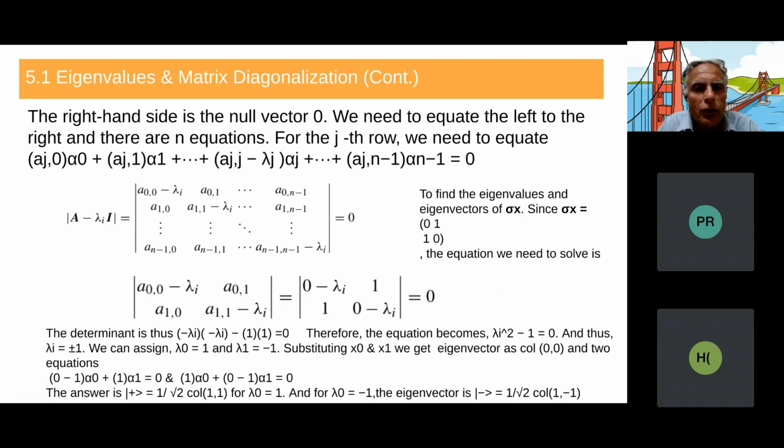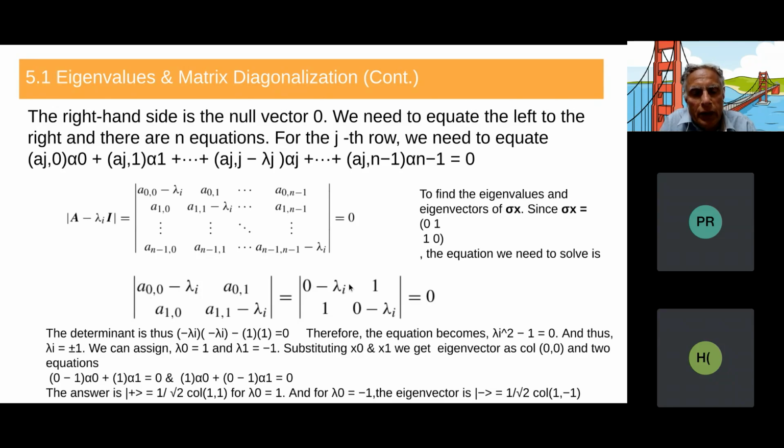Let's say this is generic, and if we take a 2 dimension, we are going to get A00 minus lambda, A01, A10, A11 minus lambda.